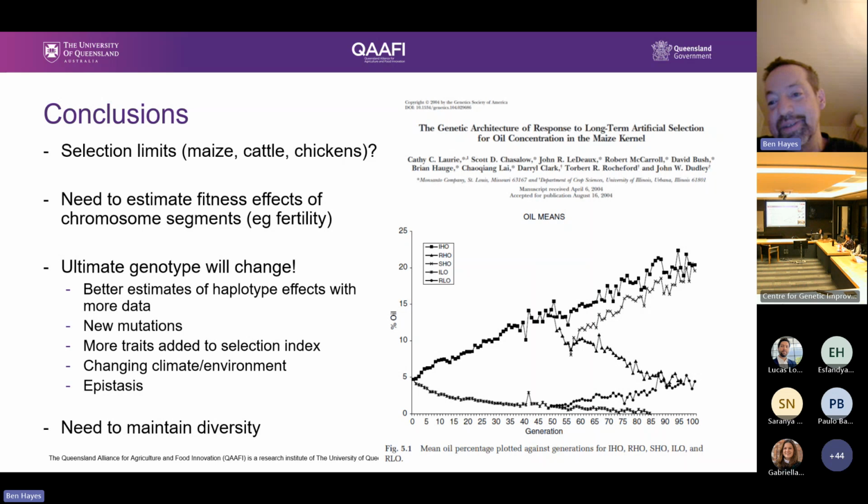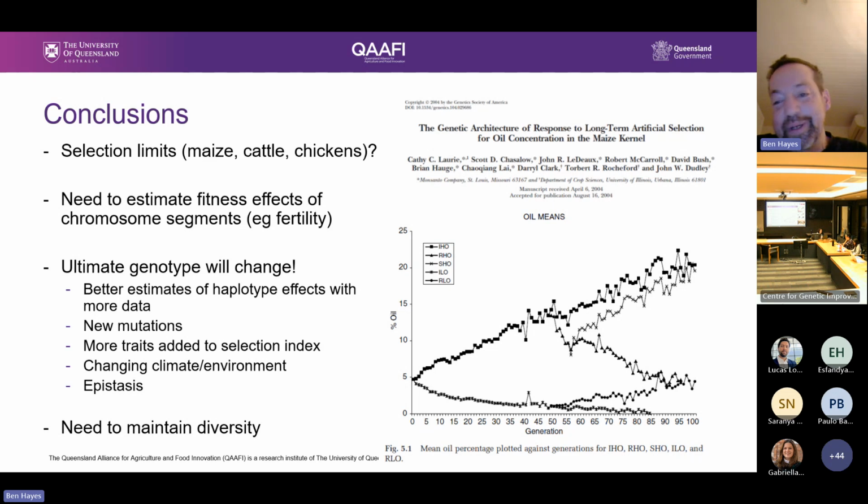So I think this is reinforcing that we definitely don't want to do single trait selection when we think about our ultimate genotypes. We really need to have fitness effects in there, fertility, survival, disease resistance, in an index that we're selecting on.